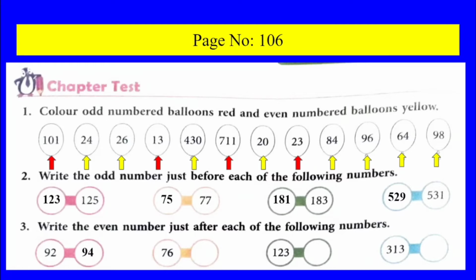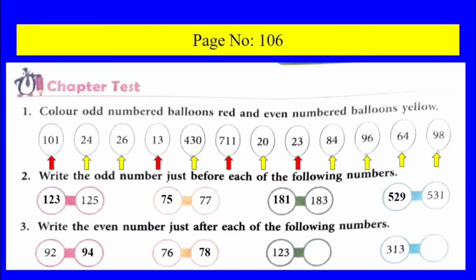So now which number comes after 77? Yes, 78. So 78 is an even number because it ends with the number 8. So children, 78 is the even number just after 76. Therefore, we will write 78 over here.